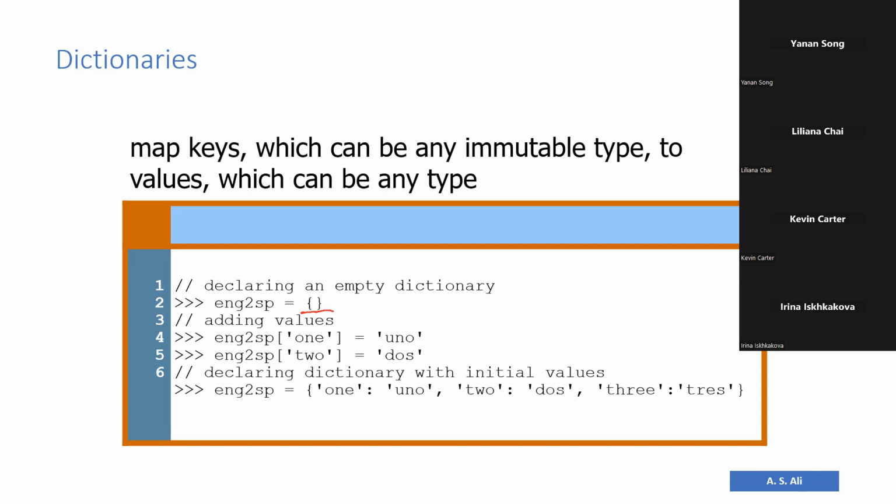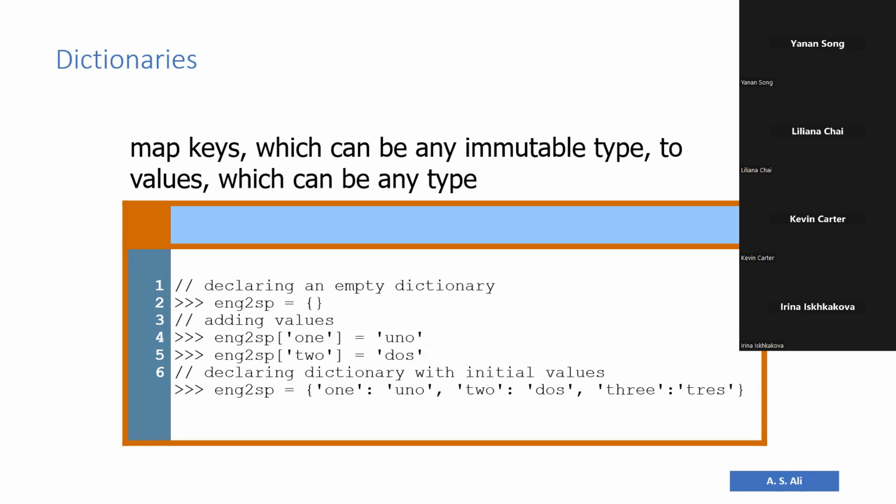So we take the name of our dictionary, English to Spanish. We write a key. The key here is 1, and the value is uno. So the key is 1 in English, which in Spanish is uno. 2 in English in Spanish is dos. You know, uno, dos.